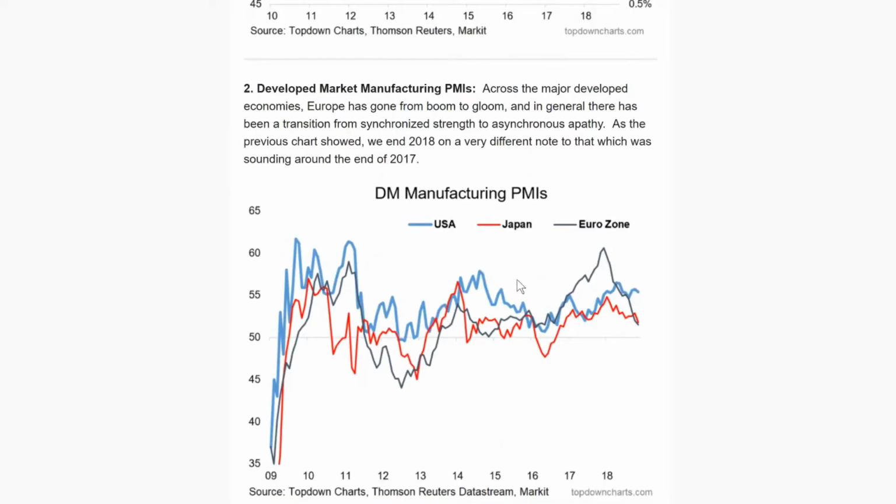And number 2 is going into the detail of the developed market manufacturing PMIs, and you can see there that Eurozone has been the biggest mover by far, going from absolutely booming to now a little bit more toned back enthusiasm. Similar but not to the same extent for Japan, and meanwhile the US is just plodding along.